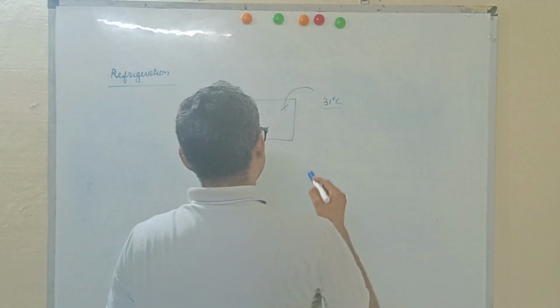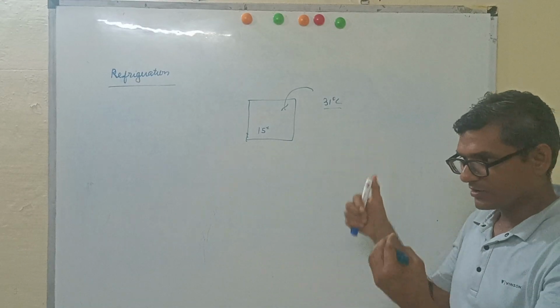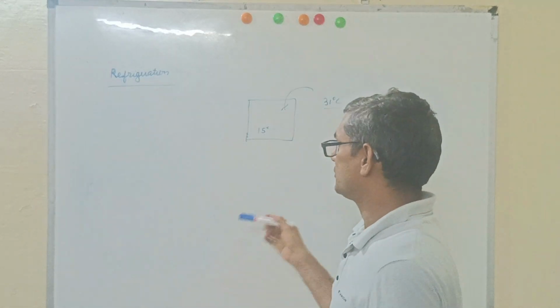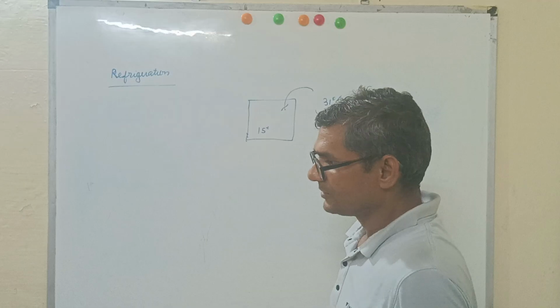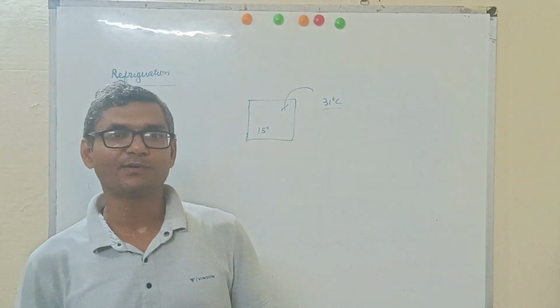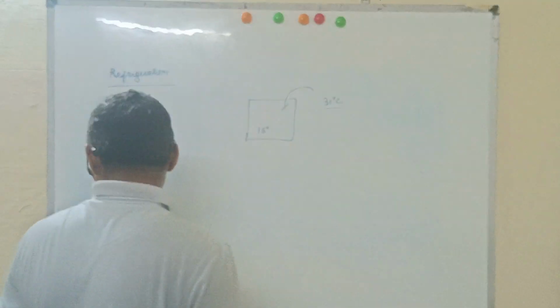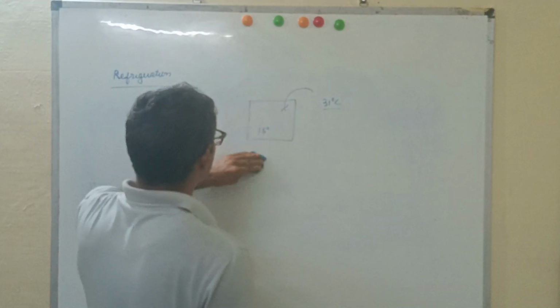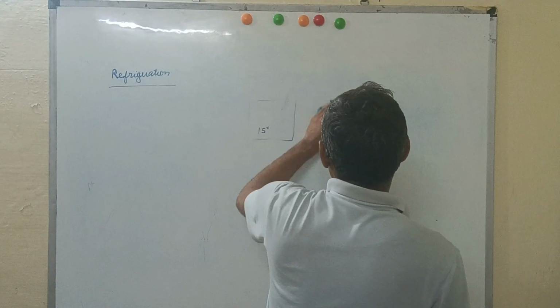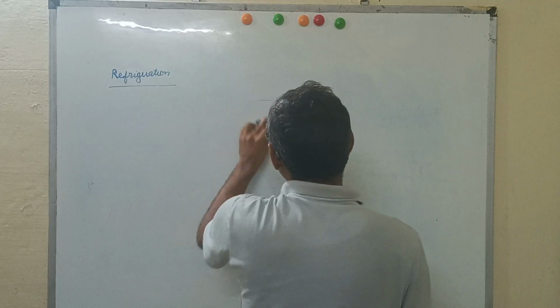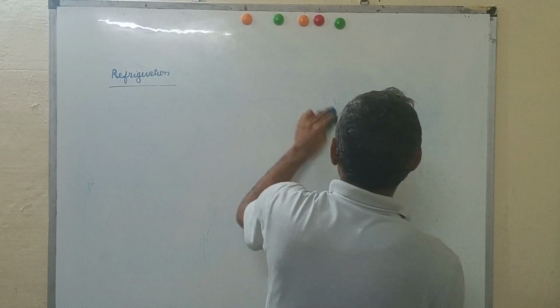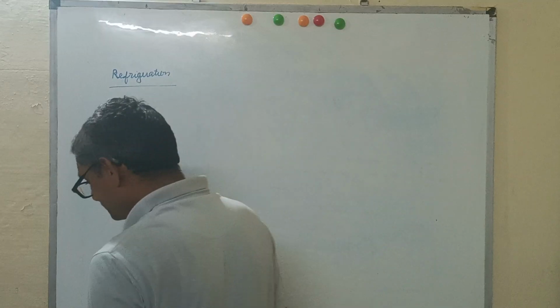But if we want to reduce the temperature of this body, we will have to continuously remove heat from that space or substance. So refrigeration is the process of heat removal from the space or substance to reduce the temperature.